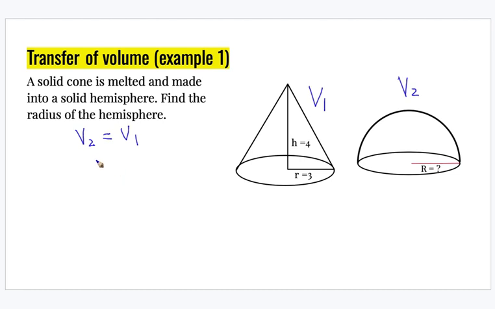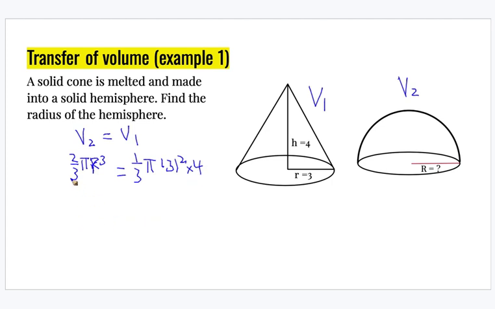So since here we have 2/3 times pi r cubed for a hemisphere, and for the cone we have 1/3 pi r squared times the height.